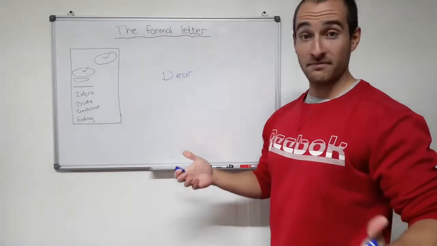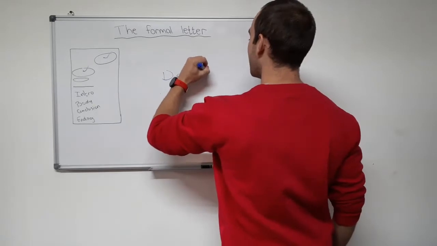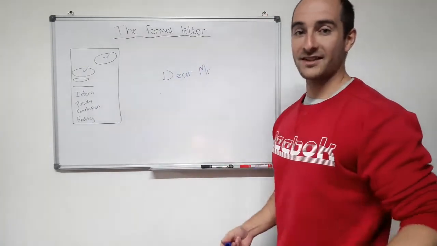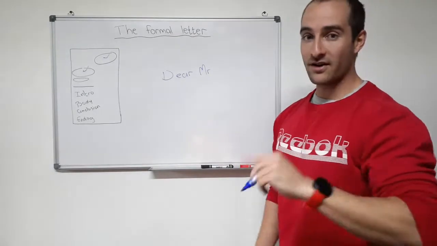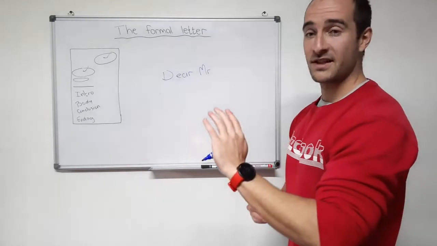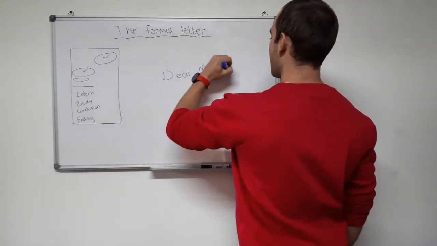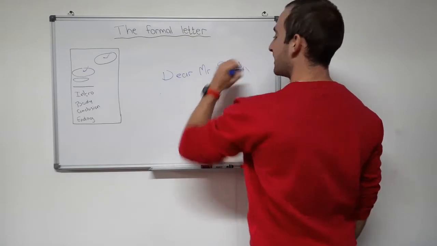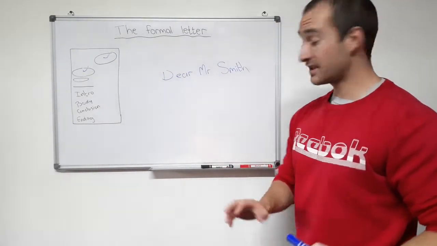Let's say if it's a male, so to speak, it will be Mr. That is what we call his title. If you are a doctor, for instance, it would be Dr, indicating doctor. But here, we'll just call him Mr. and, I don't know, Smith, why not? So, dear Mr. Smith.